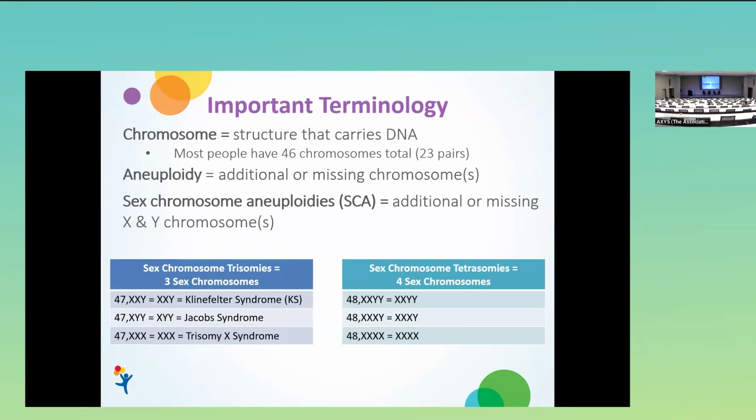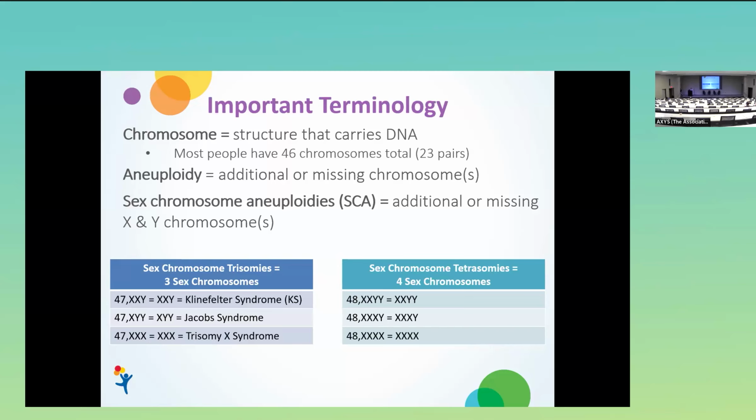Aneuploidy is a term that refers to having additional or missing chromosomes in a cell, so an abnormal number of chromosomes. And when we talk about sex chromosome aneuploidy, we're talking about having an additional or missing X or Y chromosome in the cells. Commonly, there are the two most common buckets, the sex chromosome trisomies, meaning that there are 3 copies of the sex chromosomes.